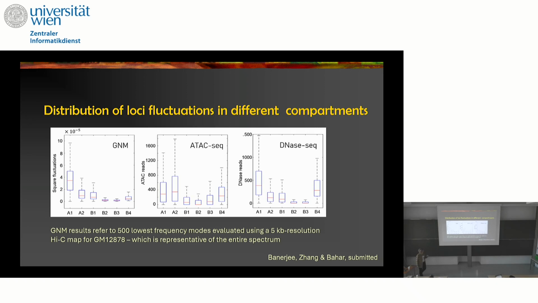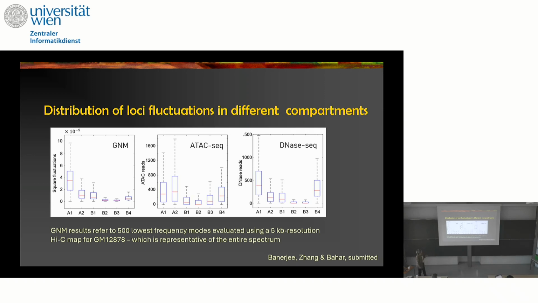More comparison with experiments. Now we are talking about compartments, much bigger entities: A and B, where A is divided into A1, A2, and B is divided into B1, B2, B3, B4, for those of you who are familiar. Examining within those compartments, we look at the square fluctuations of the nodes.